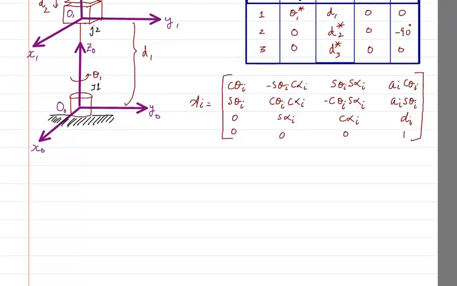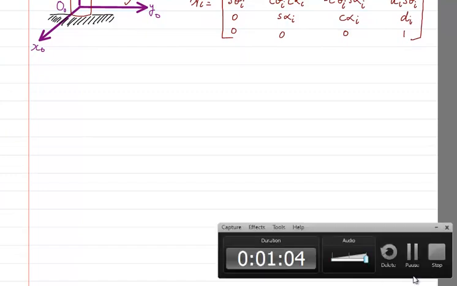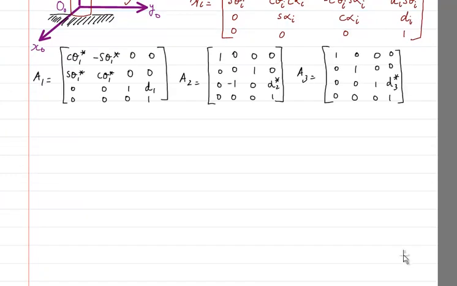Together we will get the values of A1, A2 and A3 as this, where I have written d1, d2 and d3.